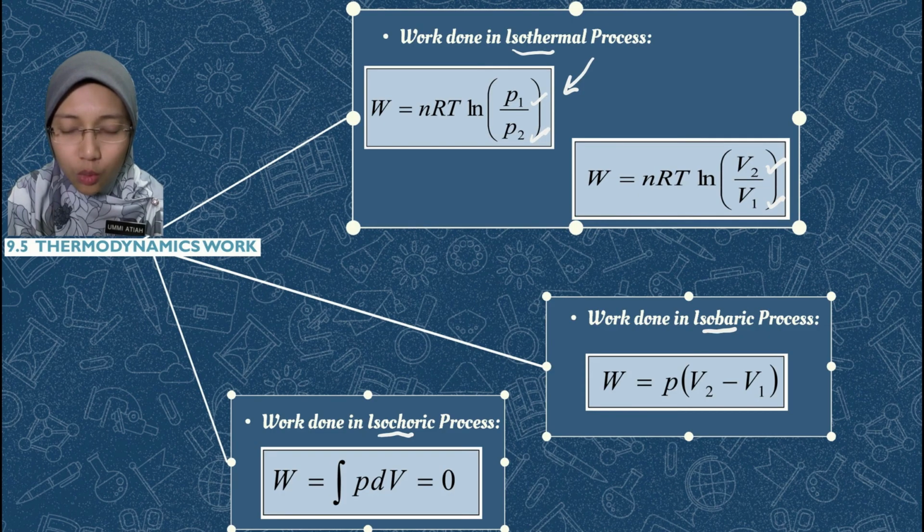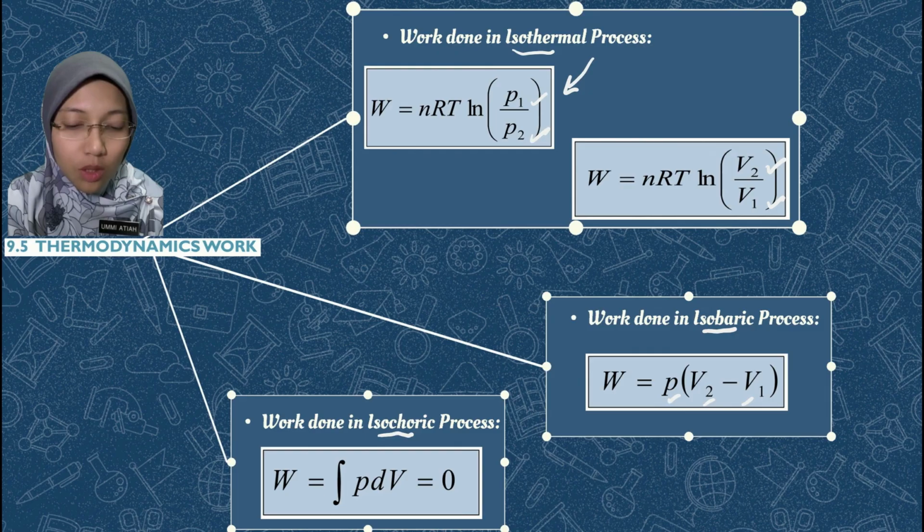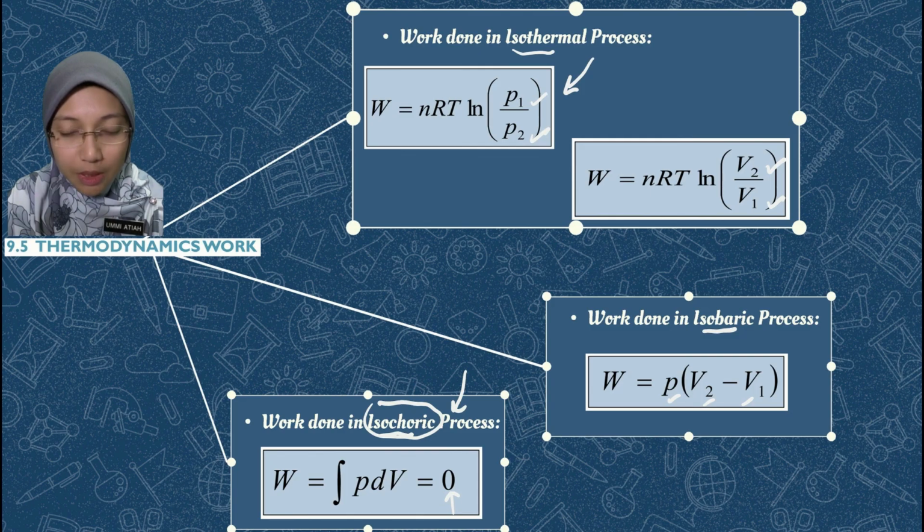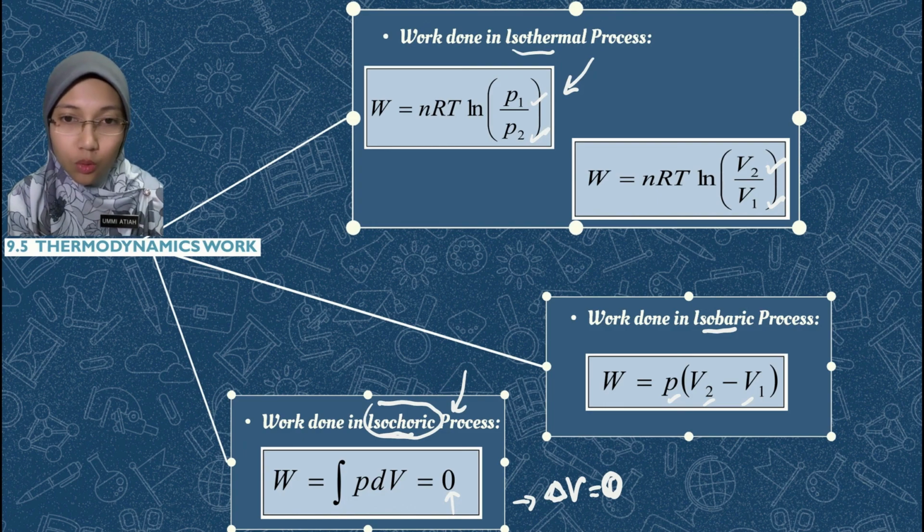And this is the equation for the isobaric process, P(V2 minus V1). And last one, there will be no work done for the isochoric process, so it's equal to 0. As I explained just now, if the change in volume is equal to 0, there will be no work done.